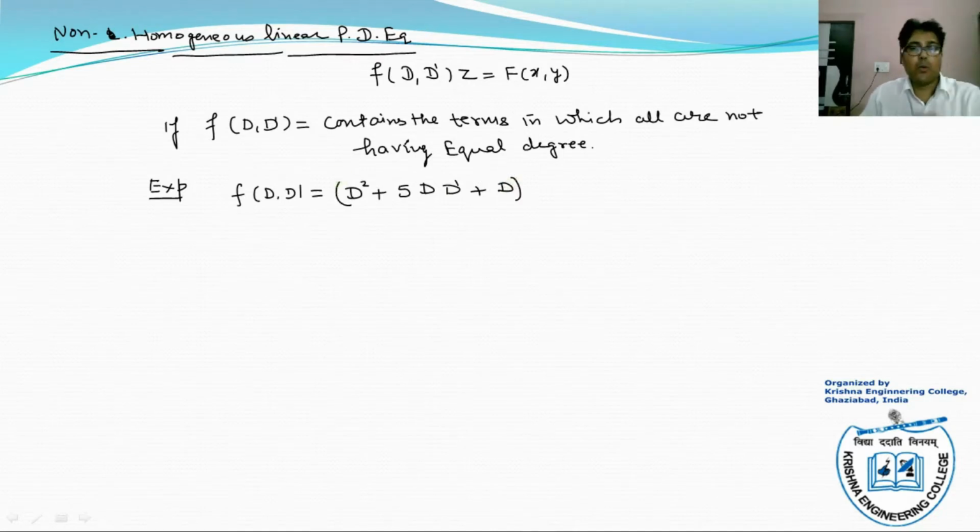This is the non-homogeneous linear partial differential equation because this equation has three terms. In this equation, this term has degree 2, this term has collectively degree 2, but this term has degree 1. So it is non-homogeneous.